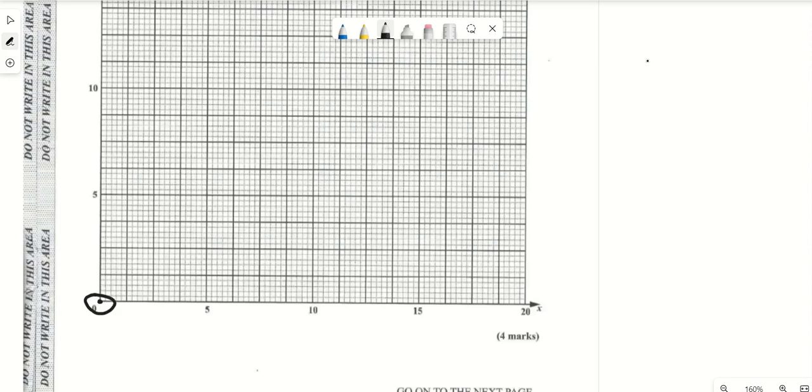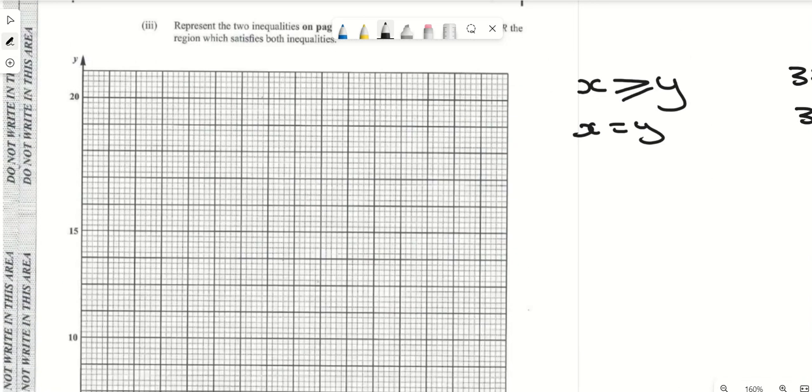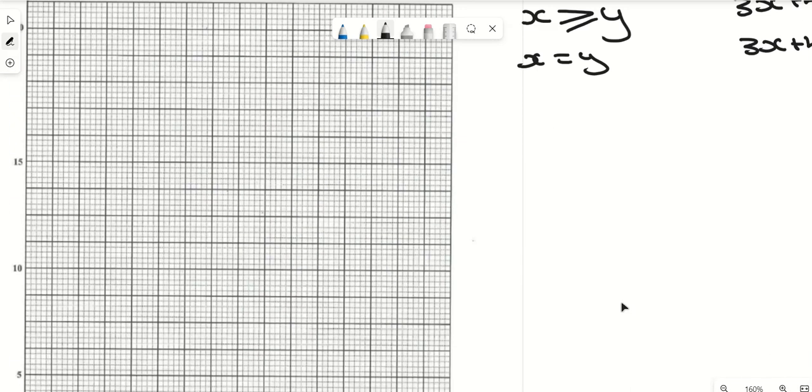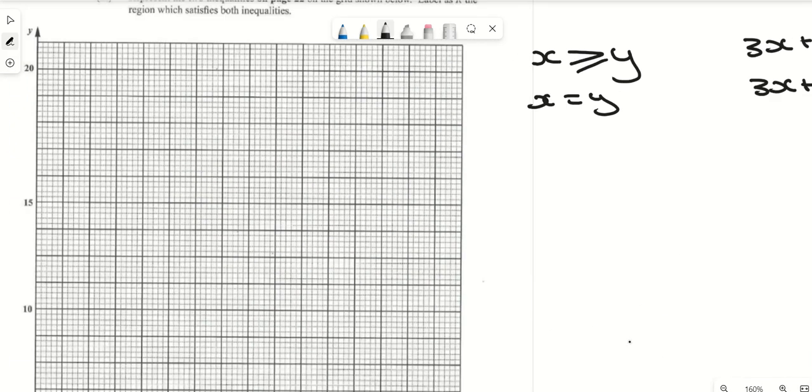Then we're going to look at your x-axis, which has 20, and your y-axis also has 20. So the two coordinates we're going to plot are 0, 0, and because the maximum on your y-axis and your x-axis is 20, we're going to plot 20, 20.